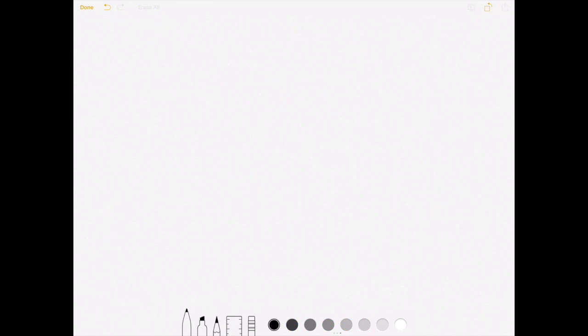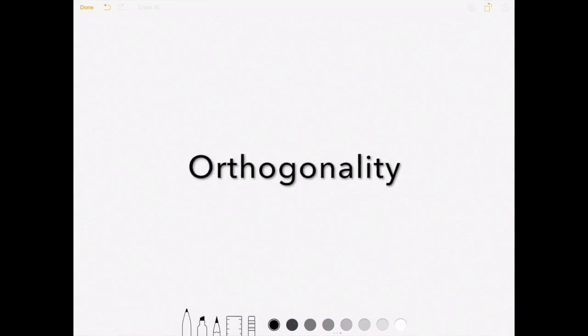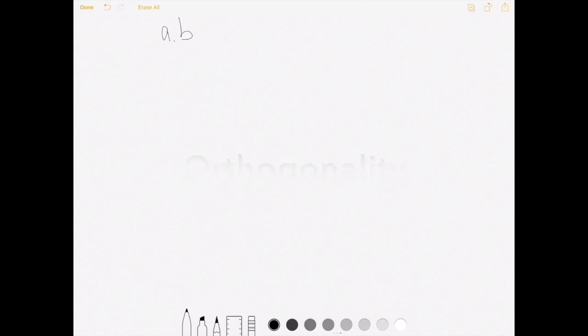We say two vectors A and B are orthogonal when the dot product A dot B is 0. So when does that happen? Well, remember that A dot B is the magnitude of A times the magnitude of B times the cosine of the angle between them.